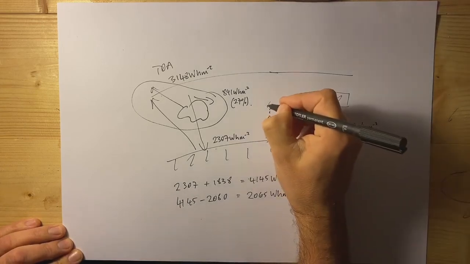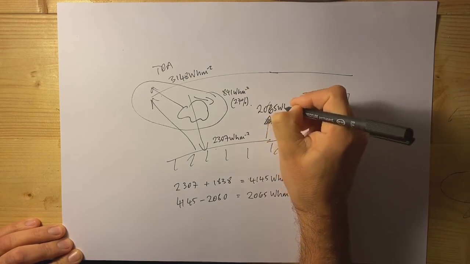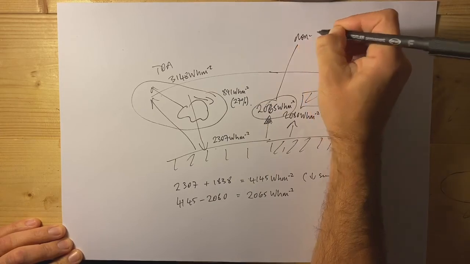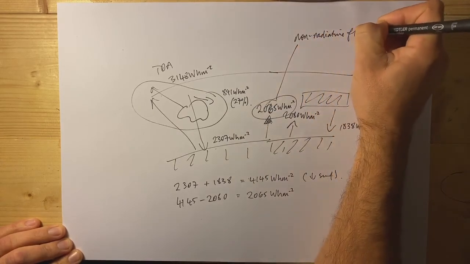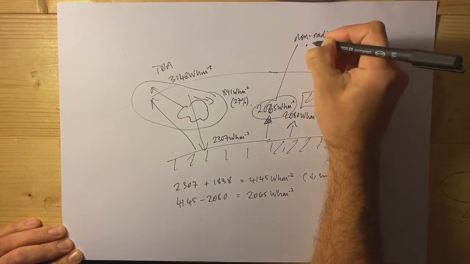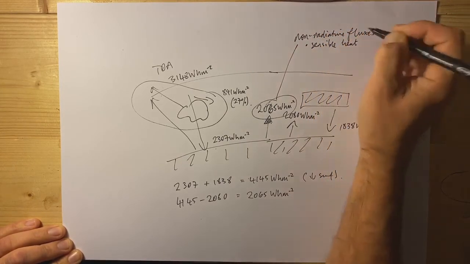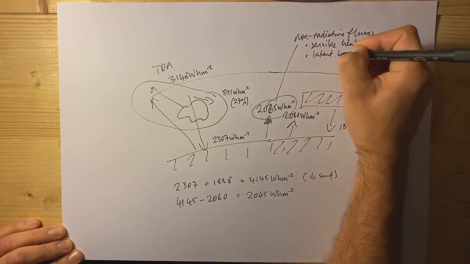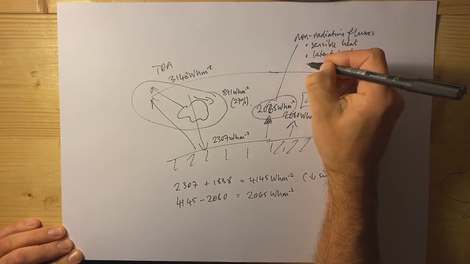So the value of this is 2,065 watt hours per meter squared for our non-radiative fluxes, and these are sensible heat, so basically conduction from a hotter to a colder area, latent heat, transfer from converting liquid water to gaseous water or water vapor.